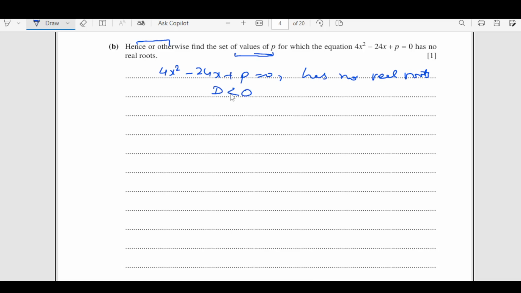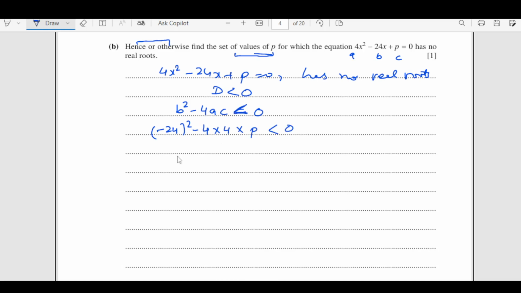So I am taking this equation from here. The discriminant is b squared minus 4ac, where a is 4, b is negative 24, and c is p. So negative 24 squared minus 4 times 4 times p is less than 0.